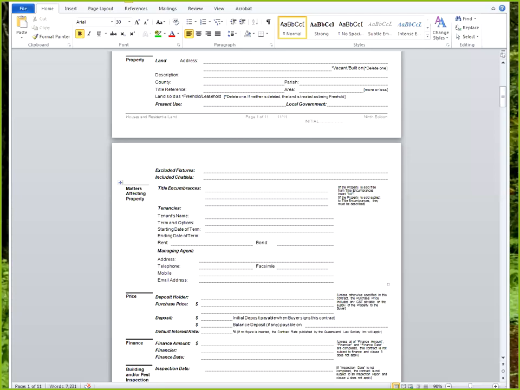Now, a mortgage, of course, is a document which is registered on the title, and it gives to the mortgagee, typically a bank, an opportunity to sell that property in default of payment of the mortgage obligation by the owner of the property. But that encumbrance, that mortgage, is never intended to remain on title after settlement.